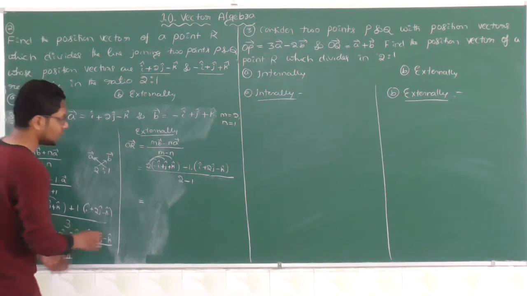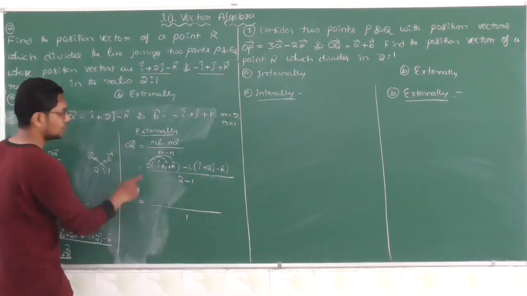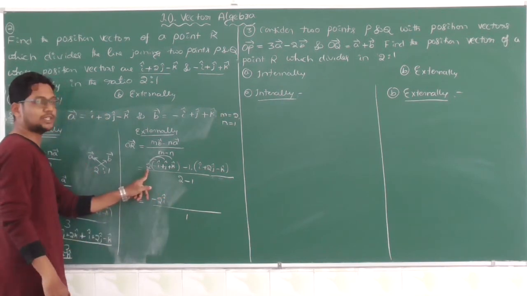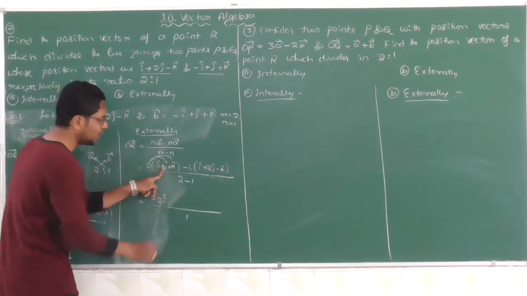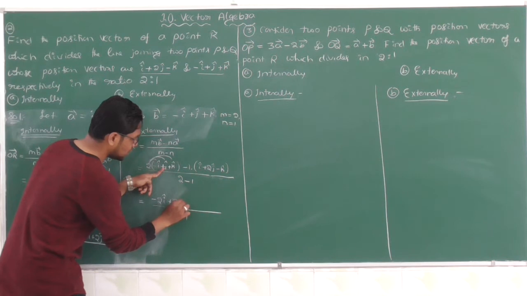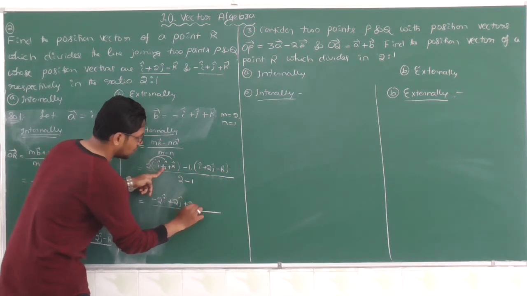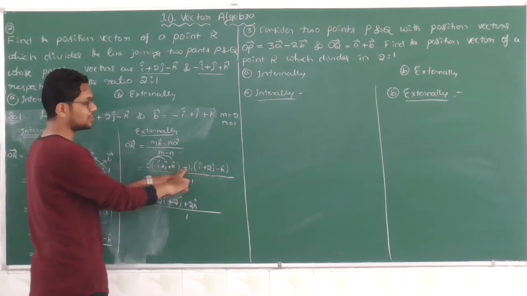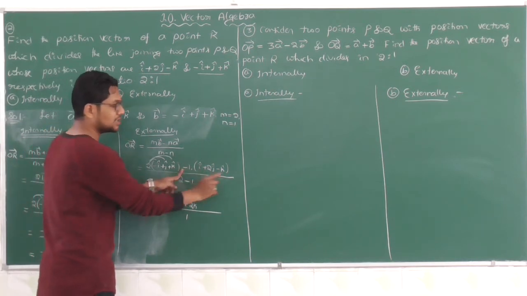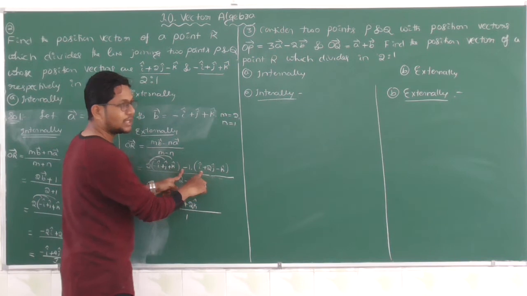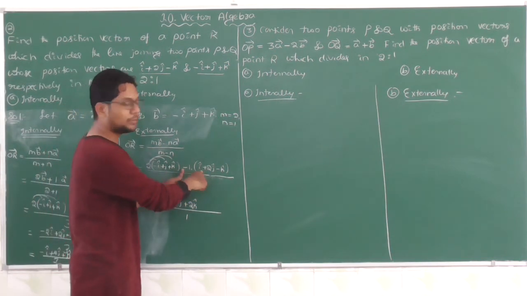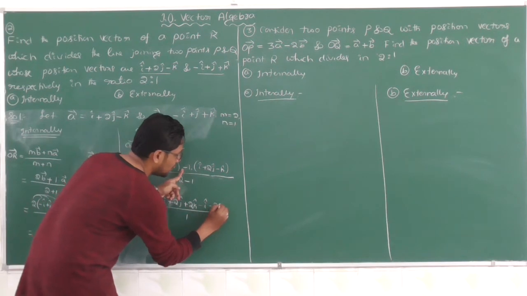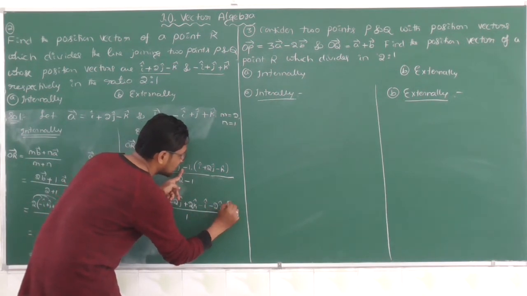2 minus 1 is 1. We multiply the 2 inside the brackets: minus 2i plus 2j plus 2k. Similarly, we multiply the minus inside the brackets, then minus becomes plus and plus becomes minus: so minus i cap minus 2j cap plus k cap.